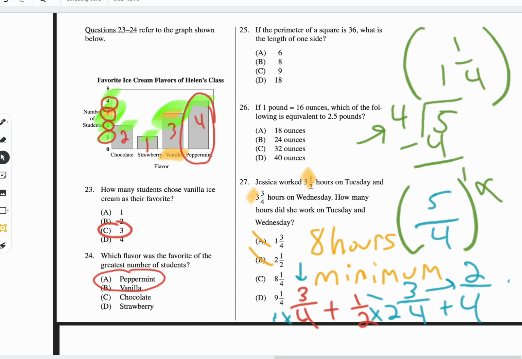Now we need to combine all of our whole numbers together. 5 plus 3 plus 1 will give us 9. And now let's add 9 to 1/4.